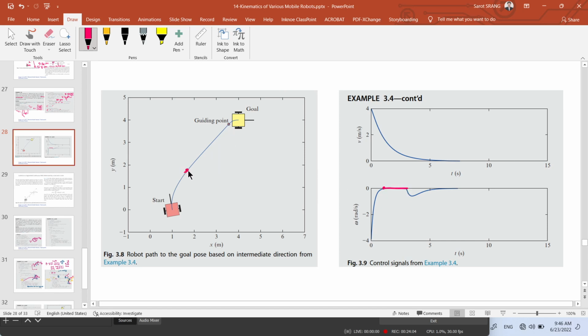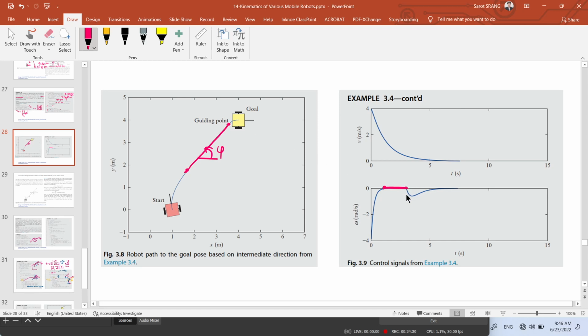From here to here, the angular velocity omega, because phi around here is almost constant, right? So no omega. It means the angular velocity to rotate the robot is 0. But here, at this corner, the orientation changes a lot.